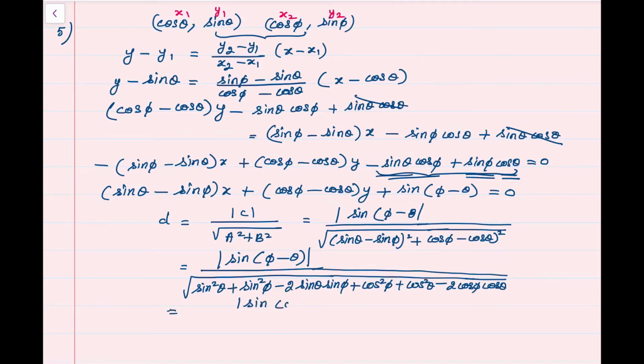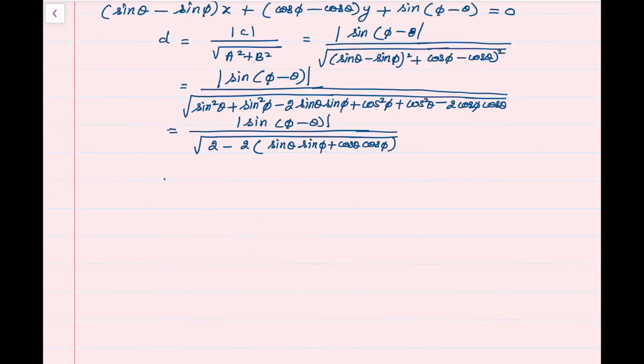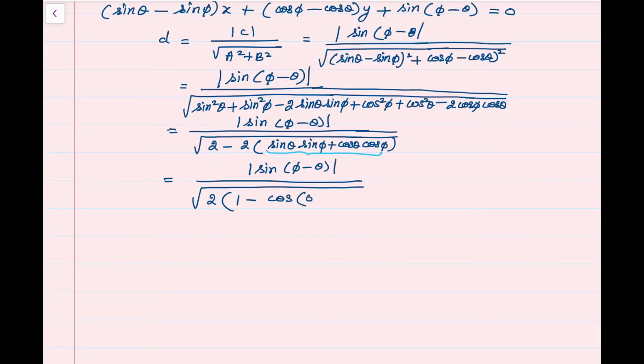Absolute value of sin of phi minus theta divided by sin square theta plus cos square theta is 1 and sin square phi plus cos square phi is 1. 1 plus 1 is 2. 2 minus 2 times sin theta sin phi plus cos theta cos phi equal to absolute value of sin of phi minus theta divided by root of 2 is common, we get 1 minus, and this is cos A cos B plus sin A sin B, which is cos of A minus B. Cos of, we may write phi minus theta or theta minus phi.